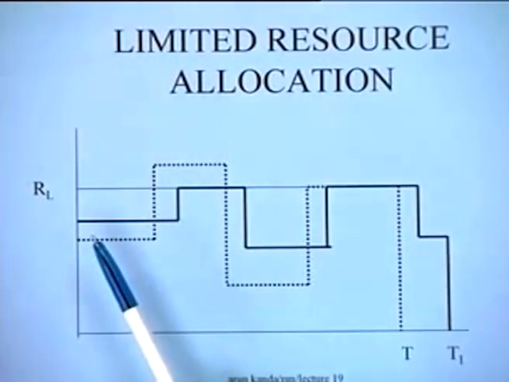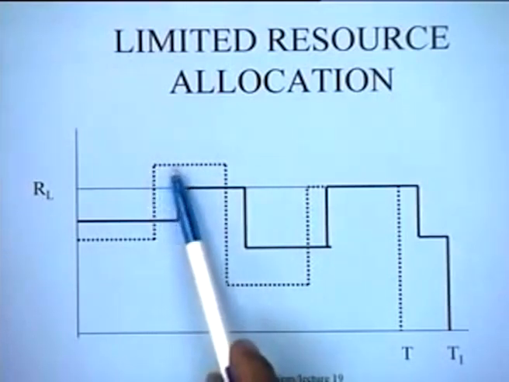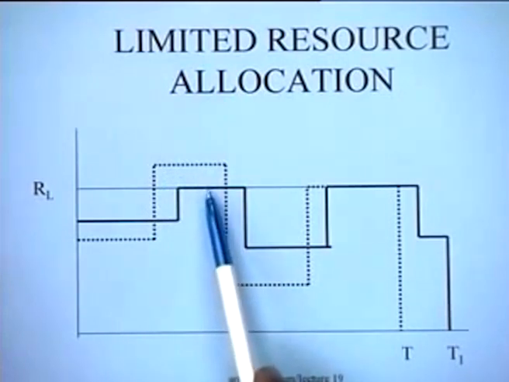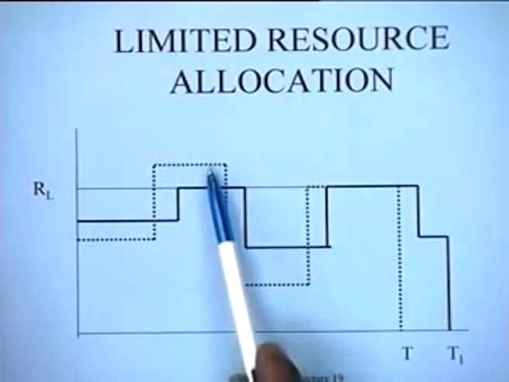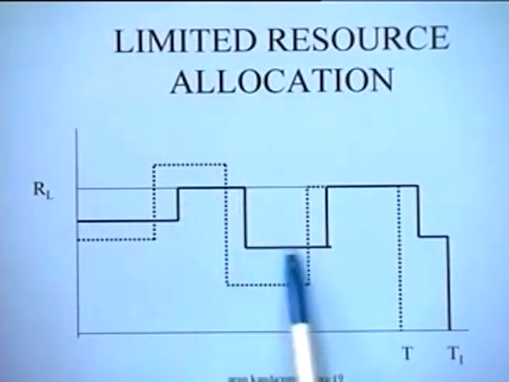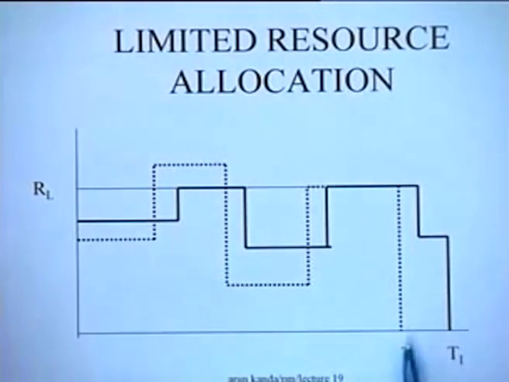So, the essential problem in limited resource allocation is to find out which are the activities going on during this particular period, and maybe to defer them beyond this peak, so that the new resource usage profile conforms to the resource restrictions that we have. And in this process, inevitably the project duration increases from the original value T to a new Ti, the increased value of the project duration.